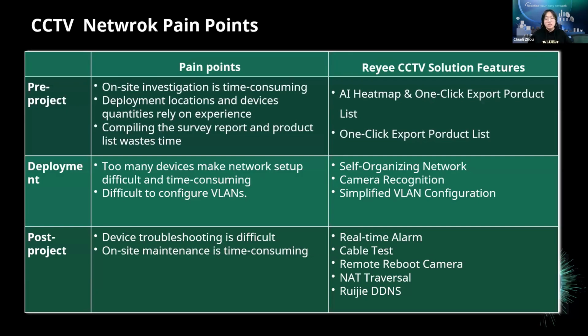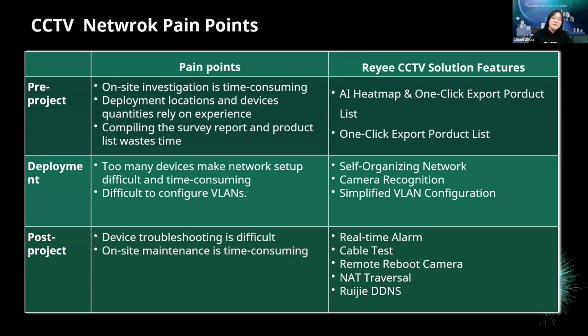Compiling the survey report and product list manually takes time and is prone to error. So we have the AI heat map and one-click export function in this stage. Have you ever used the AI heat map? I guess some of you have already used the AI heat map for the wireless or the wireless bridge. It can also be used in the CCTV network.